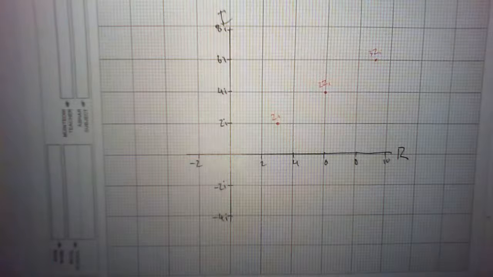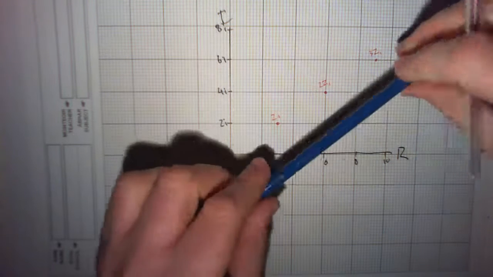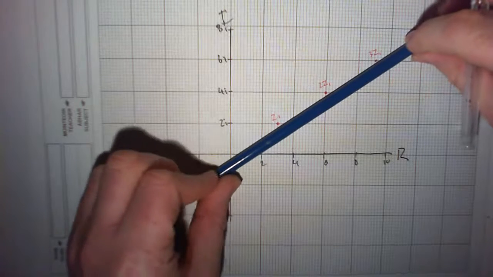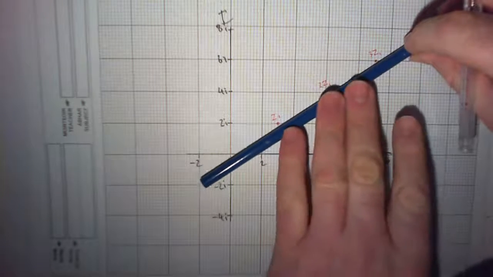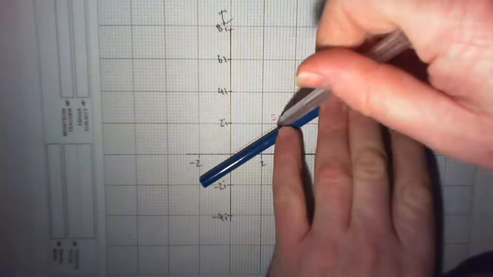Now, I don't know if you can see it from there, but I can definitely see something happening. What I can see happening is that they're actually in a line. Not only in a line, but in a line that lines up with the origin. That's not done on purpose.